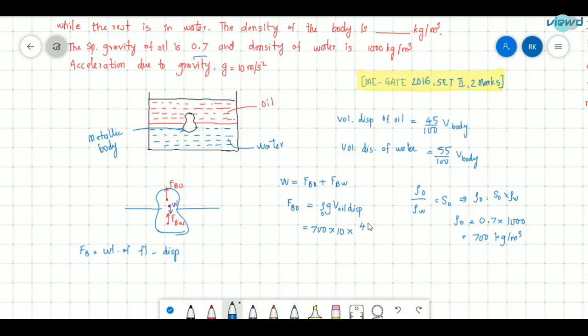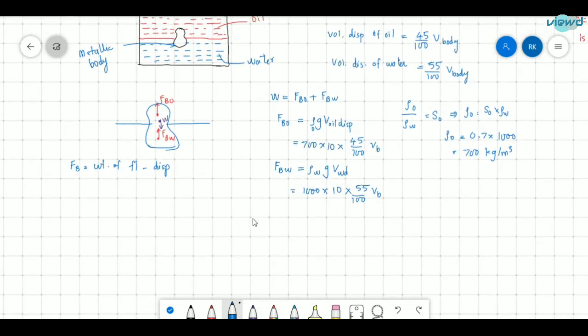So 700 into the acceleration due to gravity, 10, into the volume of oil displaced. How much volume is displaced? 45 by 100 into the volume of the body, the total volume of the body, which I am writing as VB. And what is the buoyancy force due to water? Density of water into acceleration due to gravity and volume of water displaced. The density of water is 1000 kg per meter cube, g is 10, into 55 by 100, as 55% of the volume of the body is displaced.